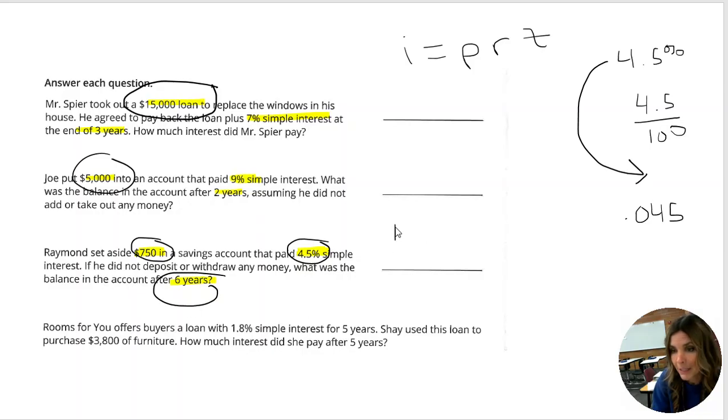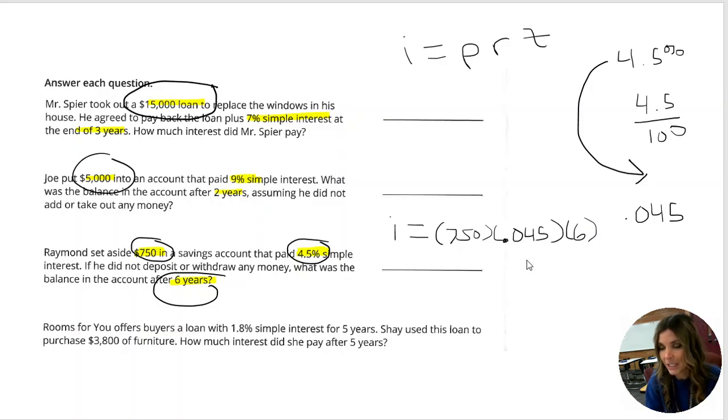Okay, here we go. Interest equals principal, which is 750, times the rate, which is 0.045, times the time, which is 6. Now we multiply all those together. 750 times 0.045 times 6, and we get $202.50.